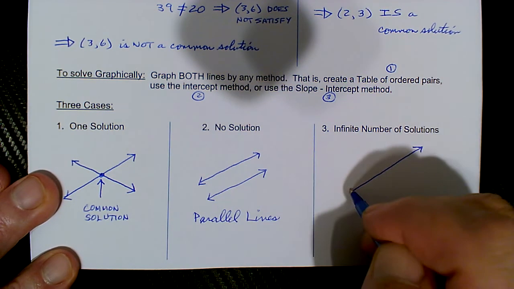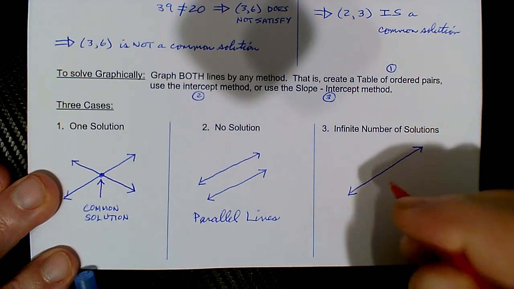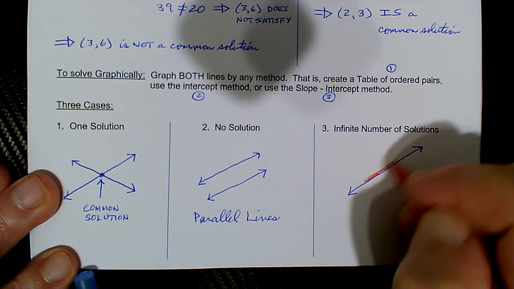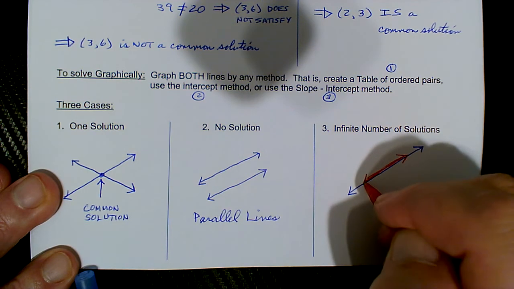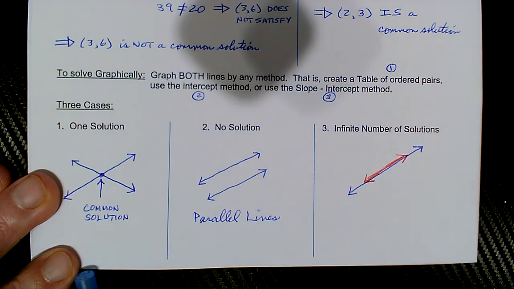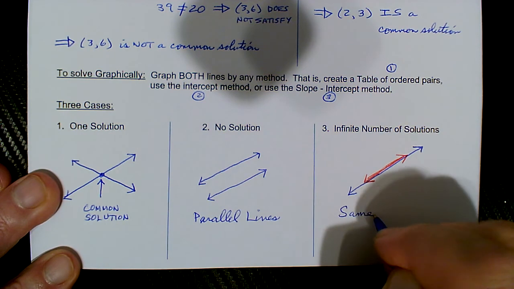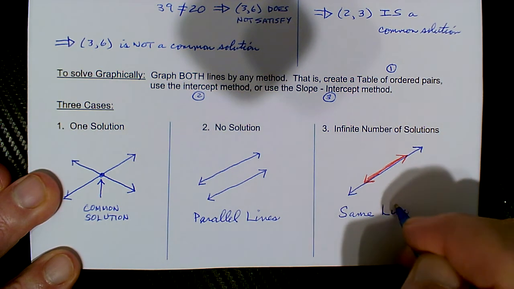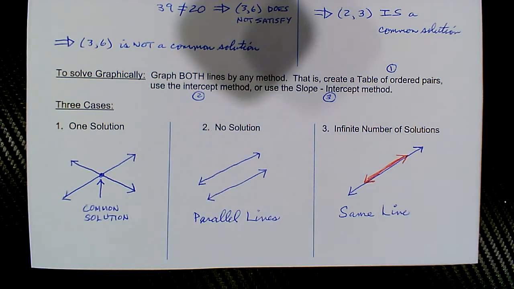An infinite number of solutions is when you have a line, and then another line which is basically the same line. So you've got the line on top of the line, and they intersect everywhere. In other words, it's the same line. So those are the 3 possibilities.